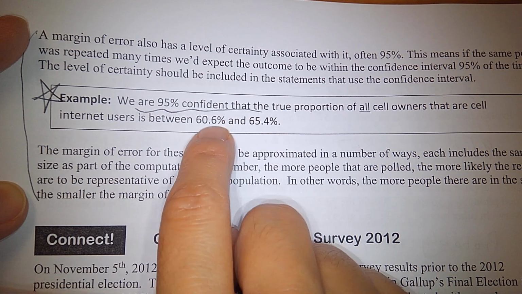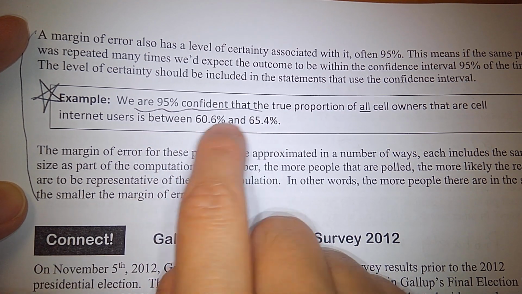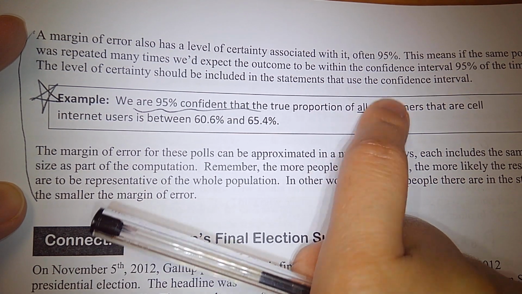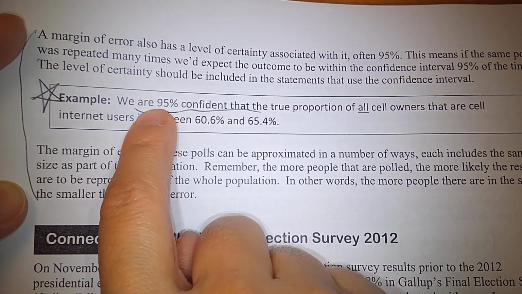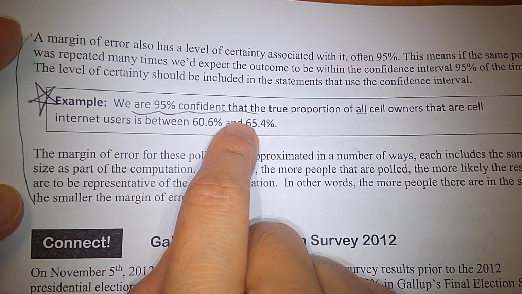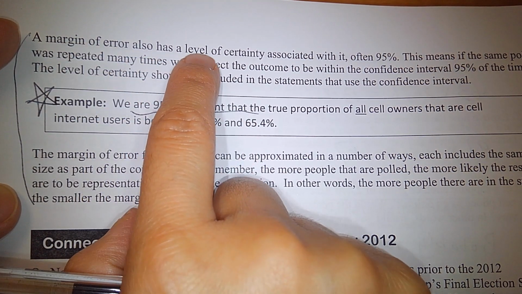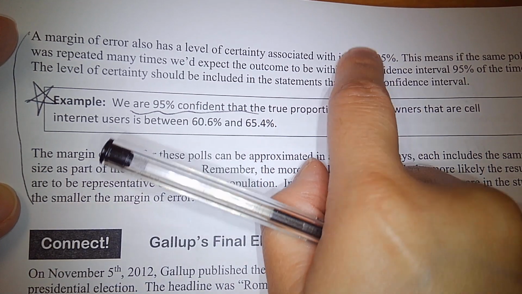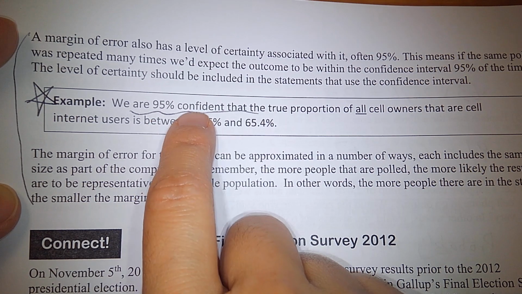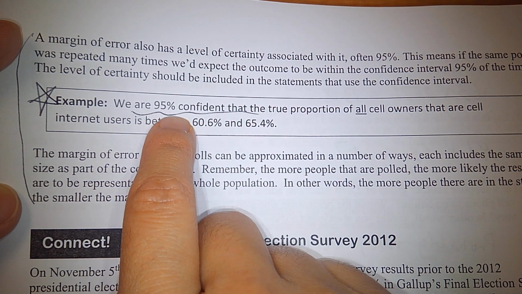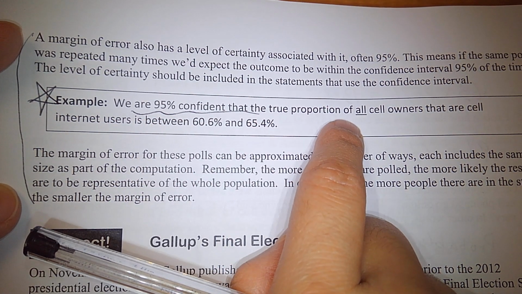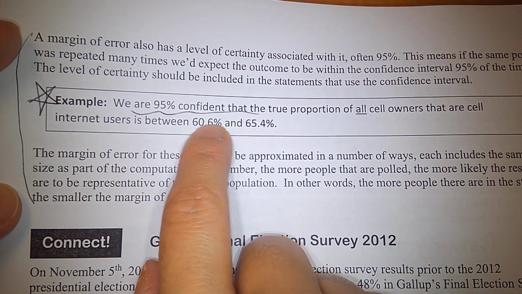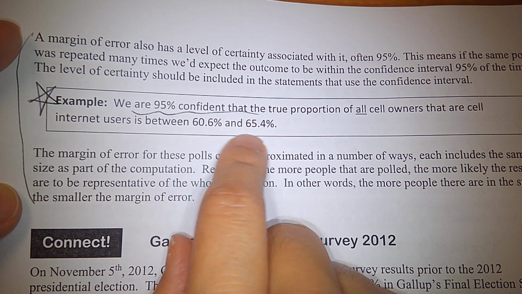The confidence interval. Once we find the confidence interval, we can draw a conclusion for the whole population, and we are always 95% confident. Why? Because the margin of error gives us a level of certainty, most likely 95%. So that means we are 95% confident that the true proportion for all cell phone owners that are cell internet users is between these two percentages.